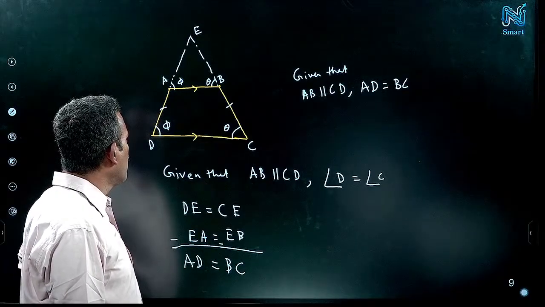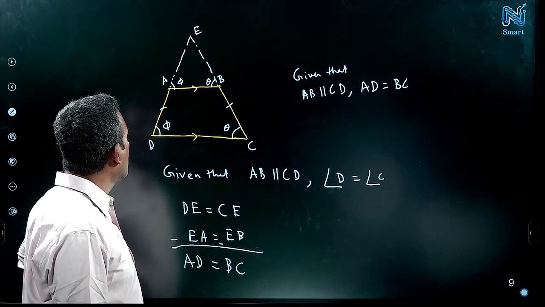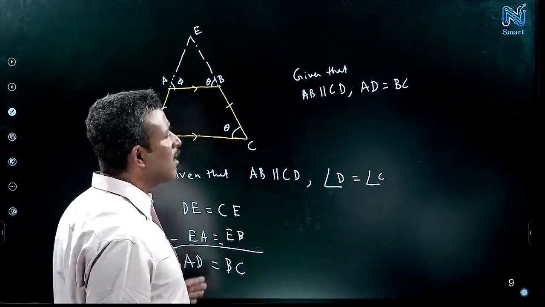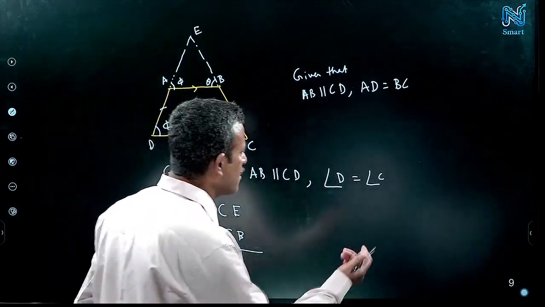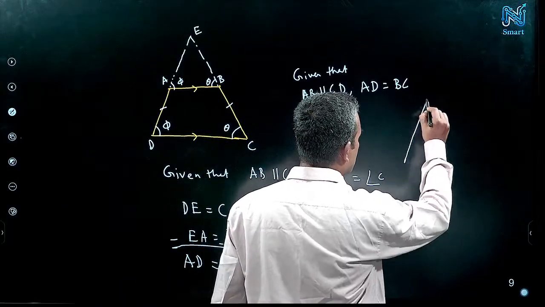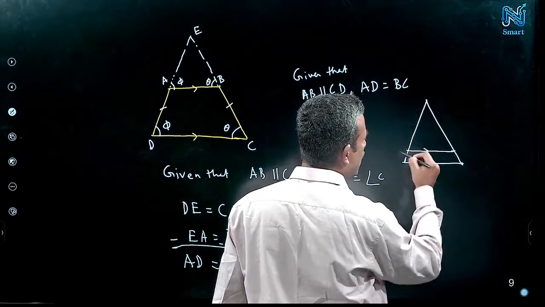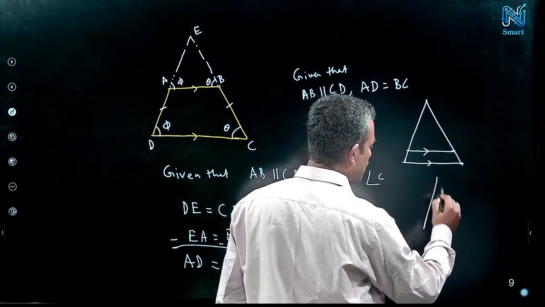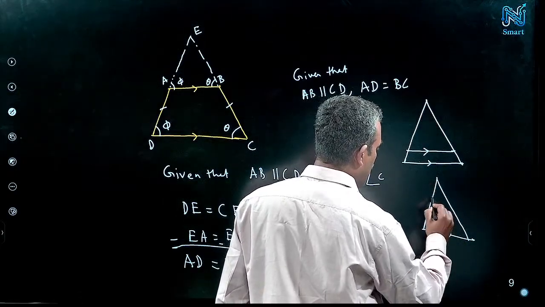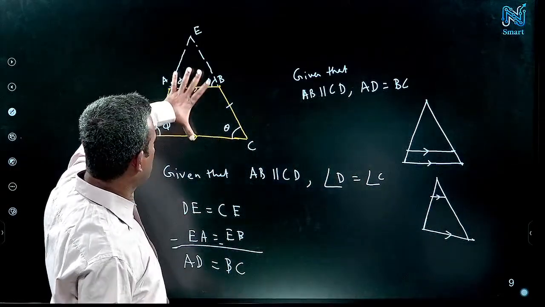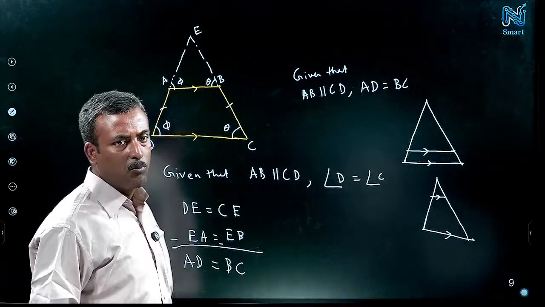No, I don't know. That depends on the figure, right? If you have this type of trapezium, then it is obviously bigger. And if you have this type of trapezium, then obviously this is smaller. So that depends on the distance between the two parallel lines.